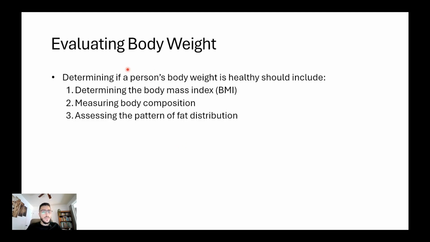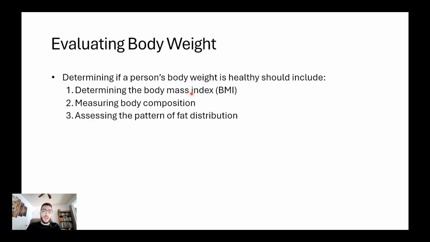Okay. So to determine the body weight, in the past, we used to do it just by body mass index, the BMI. You've probably calculated your own in the past, but actually, this is not sufficient because the percentage of fat in your body can affect this.